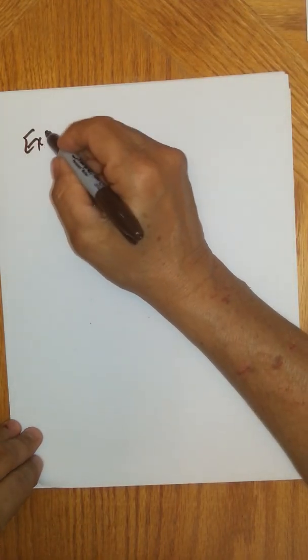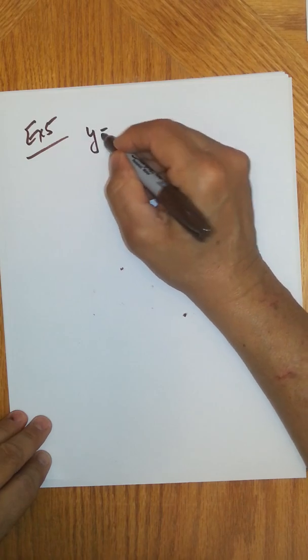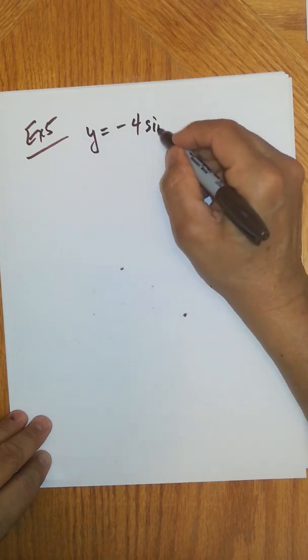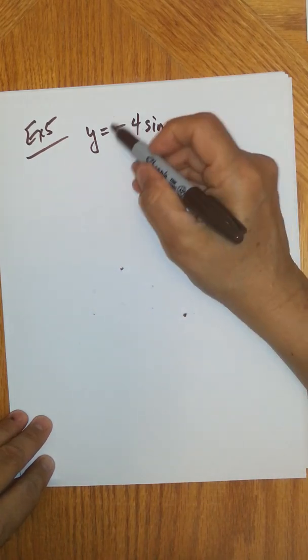And finally, example 5. Actually, I'm going to do 6 examples. y equals negative 4 sine x. So you can see here what happens with a reflection.